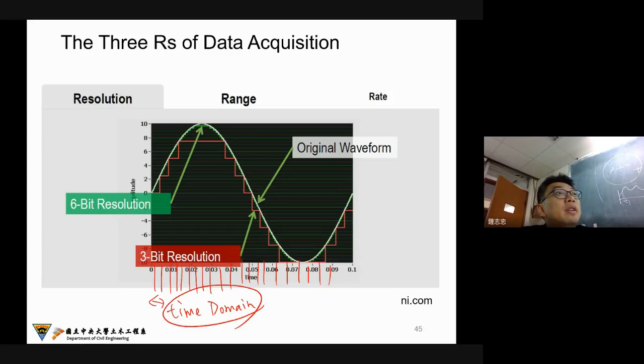However, if you try to quantify the amplitude of the original signal, we cannot use continuous measurement, right?